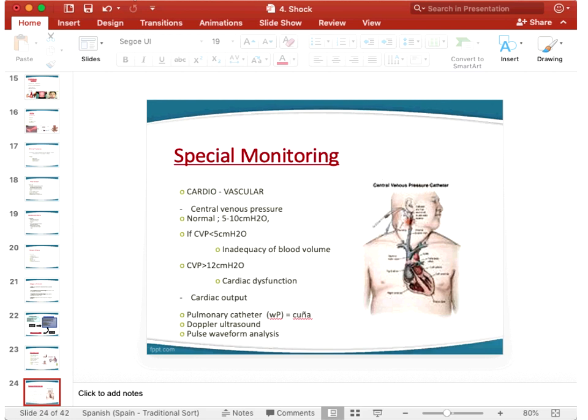You need to find the source of infection right away and start resuscitation. What's resuscitation? You need to infuse volume, depending on the shock. But in septic shock, you need to infuse volume, check his pH, and provide him with oxygen, because this is very important. And you need to act accordingly.